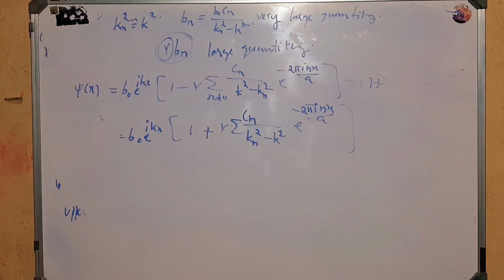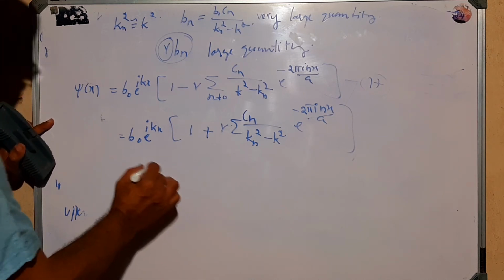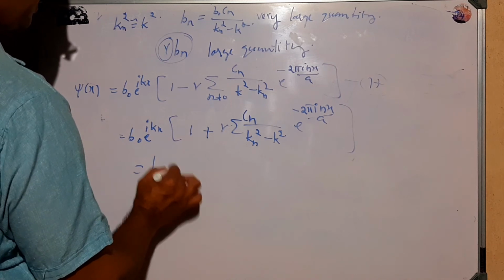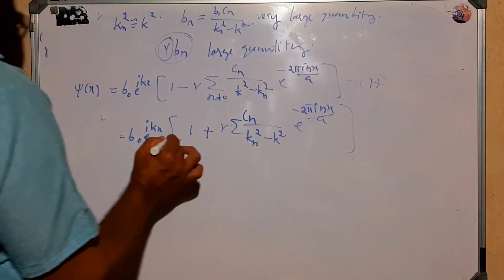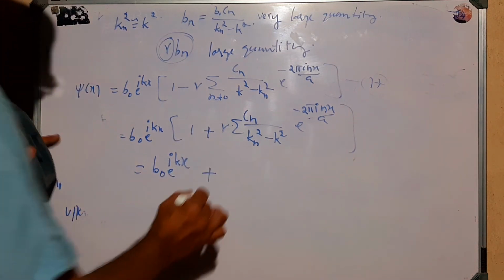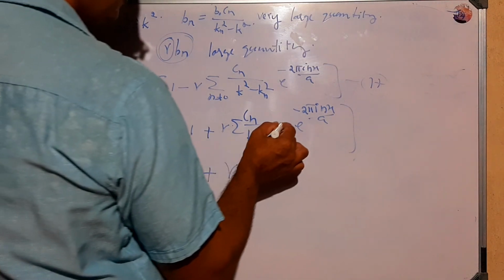Multiplying inside, this becomes b naught into e to the power ikx plus gamma into, what is this?